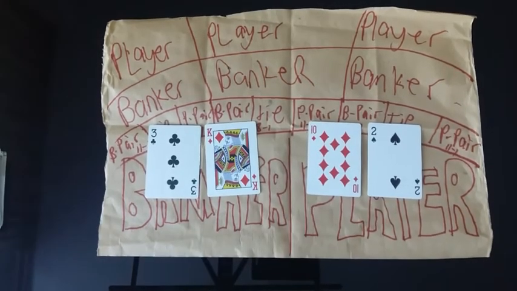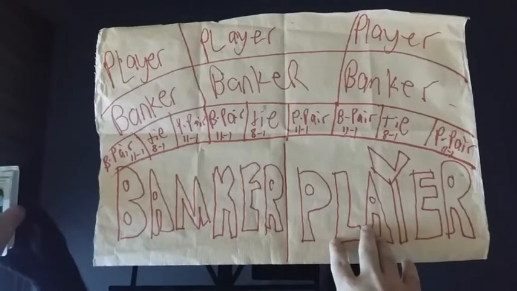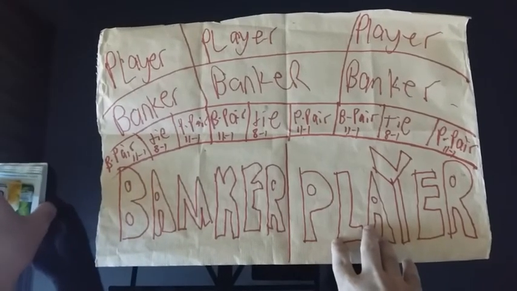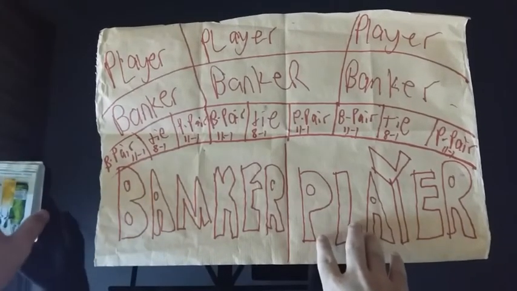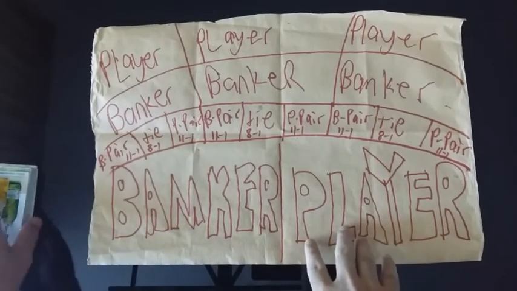You can refer to the tableau, the law of Baccarat, on the table as you can see. After you memorize the tableau, this is what you will get. So this is just a demo for you according to the tableau.